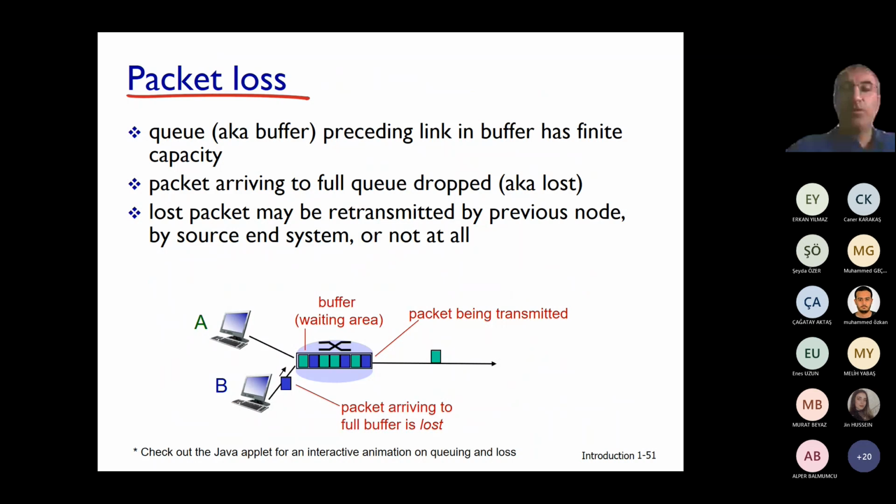Packet loss. Under what condition does packet loss happen? When the queue in the buffer has a finite capacity, sorry, not infinite. So assuming that the buffer has a finite capacity, a packet arriving to a full queue is dropped.